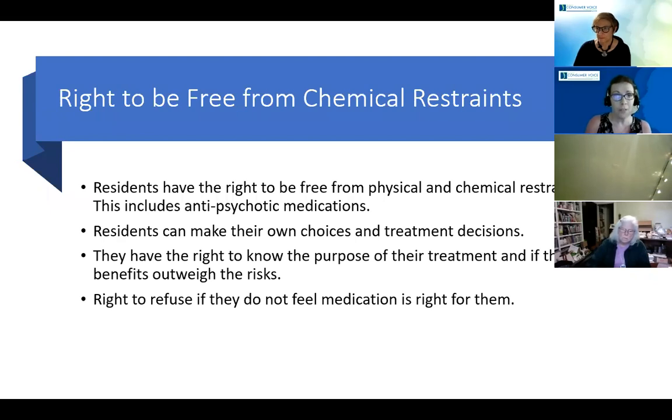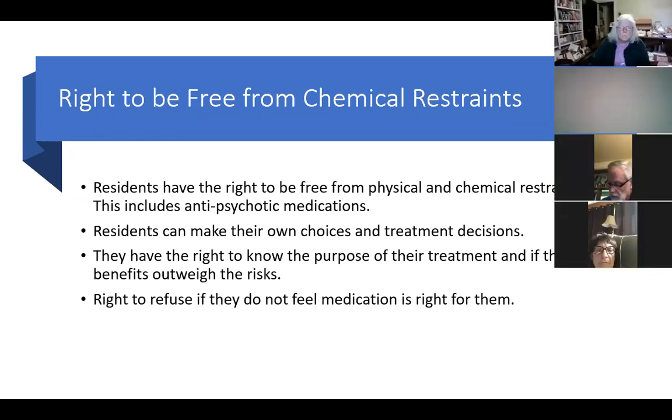They come with black box warnings, which is the highest warning that drugs have. And one of the side effects could be death. These drugs are very dangerous. During the pandemic, we know there has been a big increase in antipsychotic drugs being prescribed, which is very unfortunate, but sadly, it's not terribly surprising as facilities were short-staffed and families weren't able to come in.